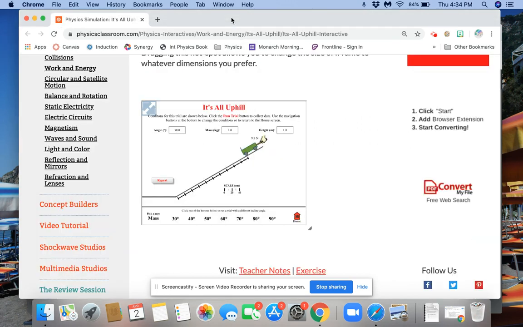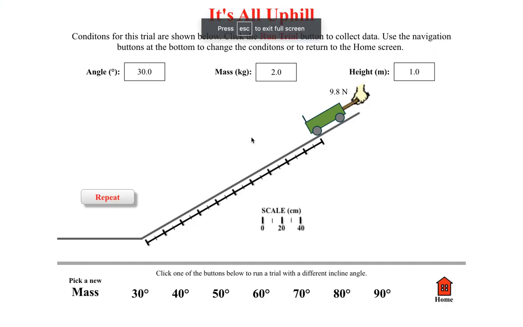Remember, in that equation, theta is the angle between the force and the displacement. Here, that force is straight up this incline. So since the force is parallel with the incline, the angle here is actually 0 because the angle between the actual force and the displacement of the cart is 0.